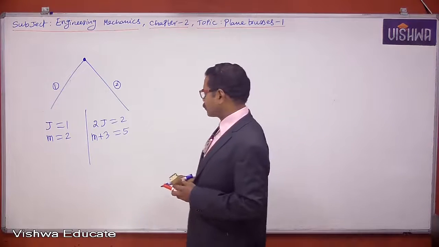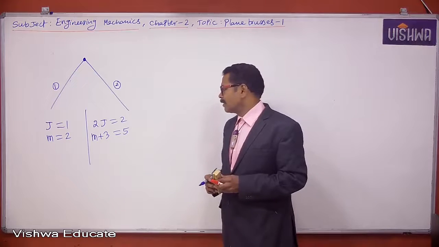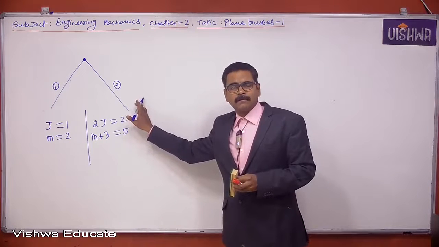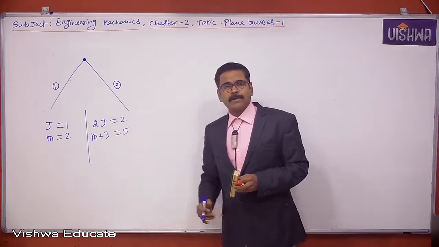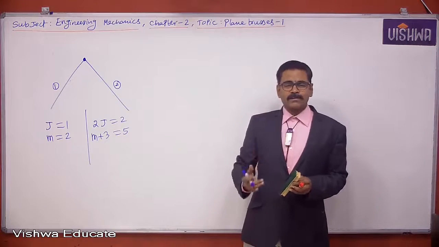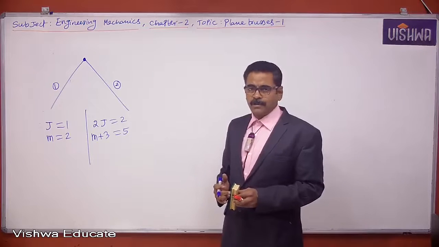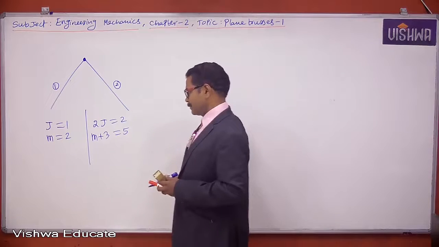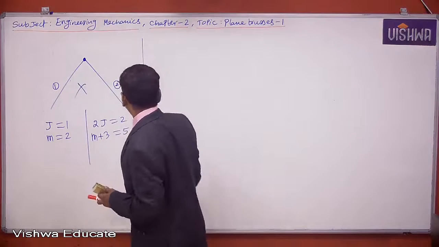So here 2J is less than M plus 3, so it is not a rigid truss. You cannot form a plane truss with only two members. It is impossible.